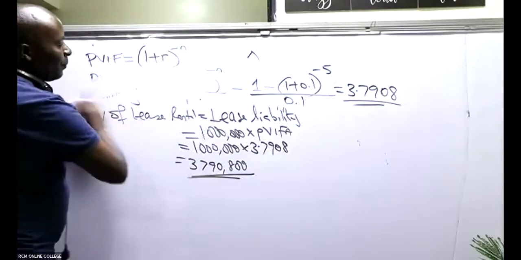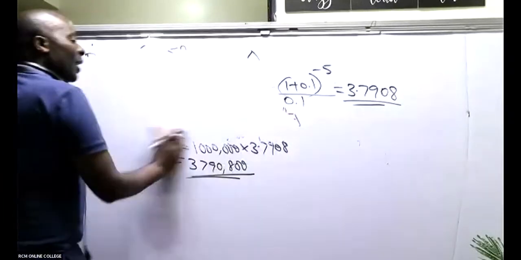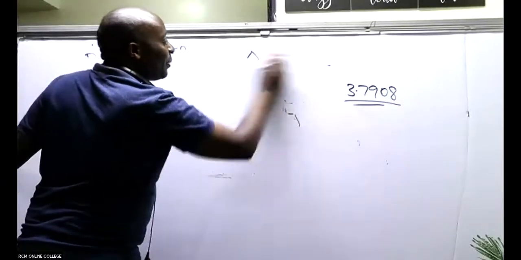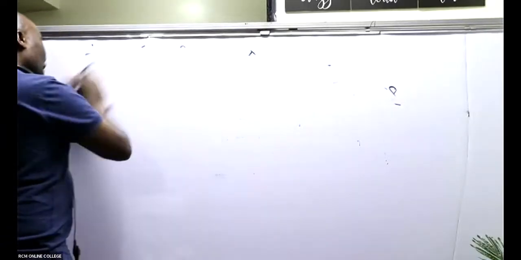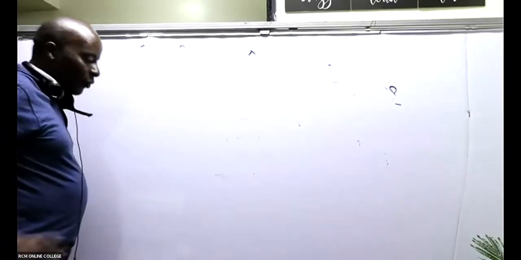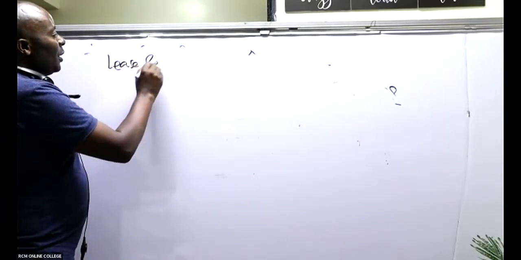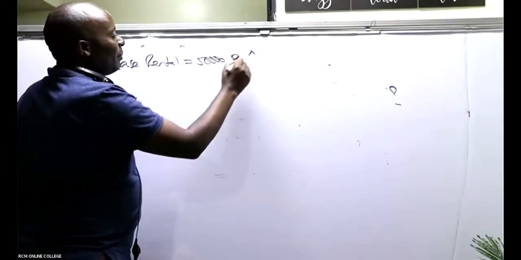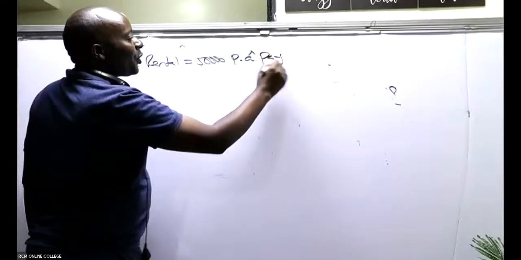But you see, another trick that I've always seen the AFR, Advanced Financial Reporting, and of course the Intermediate Financial Reporting examiners doing. These examiners will come and tell you that the lease rental is 50,000 per annum, payable in advance.